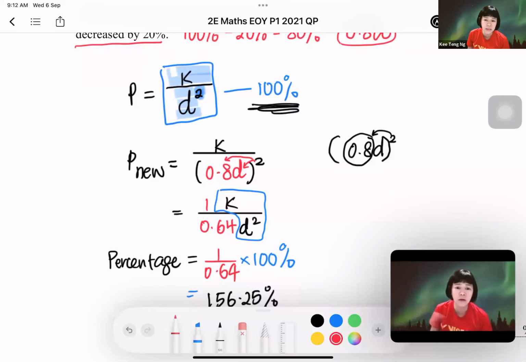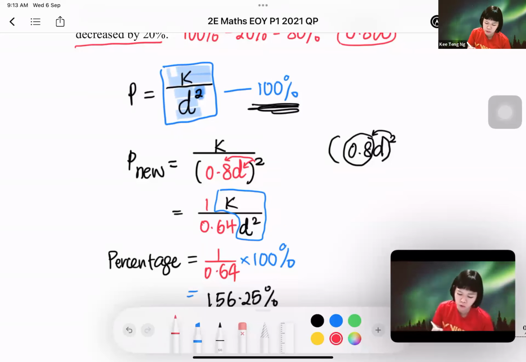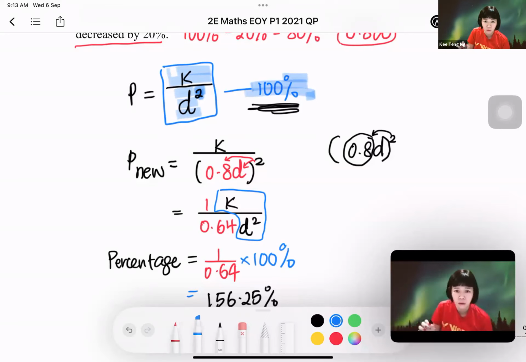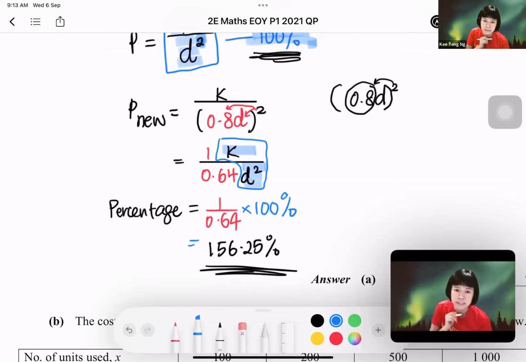Okay, they did not give me any numbers, they tell me percentage. So I know that the original one over here is 100%. The moment I see K over D squared, I replace it in terms of a percentage, as 100%. Now this 0.64 is in the denominator, so it's supposed to be divided by 0.64.